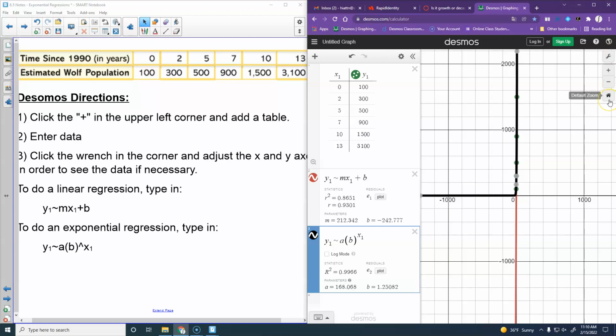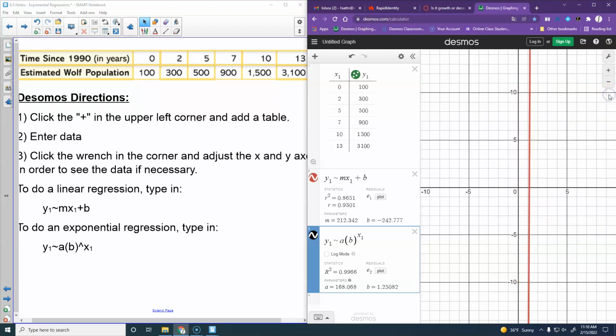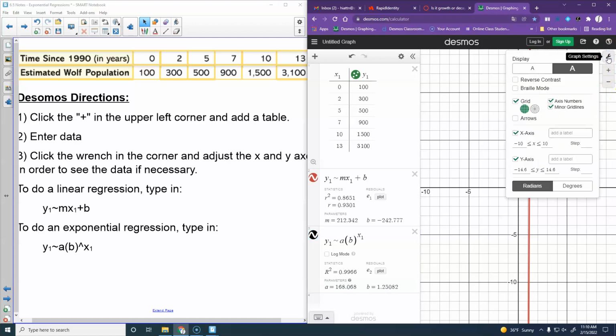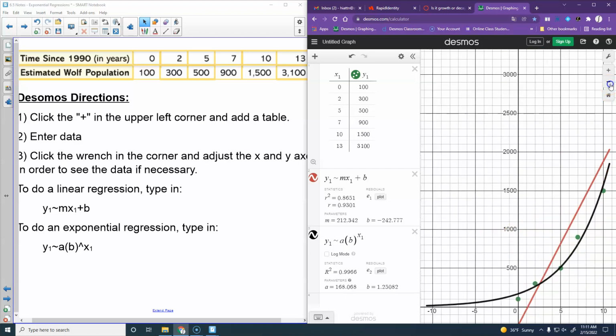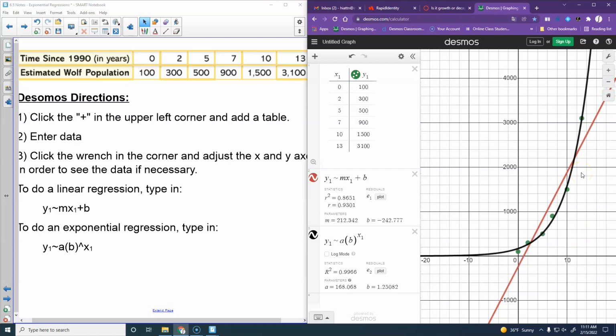So if your picture doesn't look good right now, hit the house button for me. That takes you back to the standard view. Then hit the wrench, and change just the upper number on your Y to the biggest number you see on your table, which is 3,100. That'll get you close, and you can zoom out a little bit more to see the picture better.